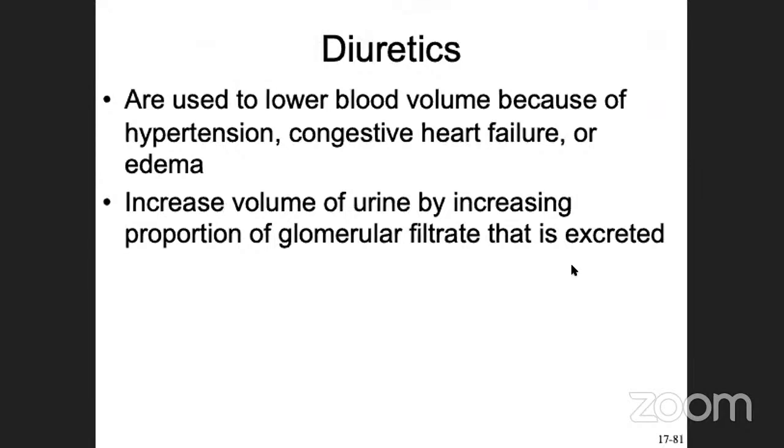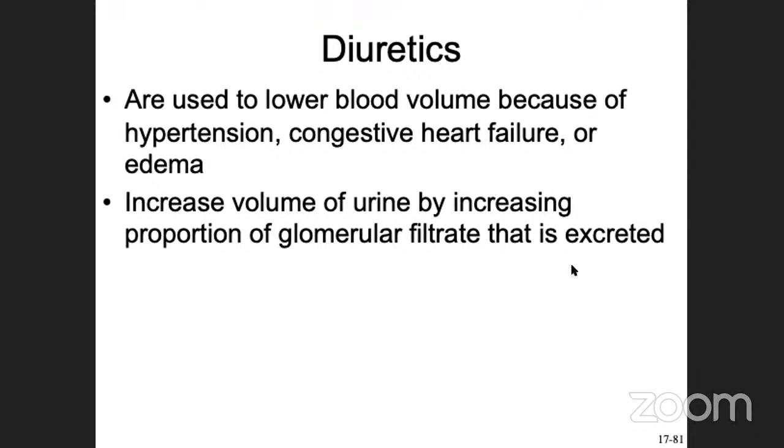Diuretics, another interesting topic in the clinics or in the hospital where we use diuretics to lower blood volume. This is based on our knowledge of the capability of the tubules to absorb or receive the secretion from the circulatory system.